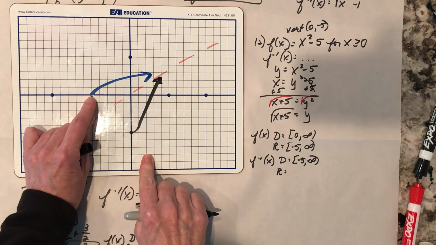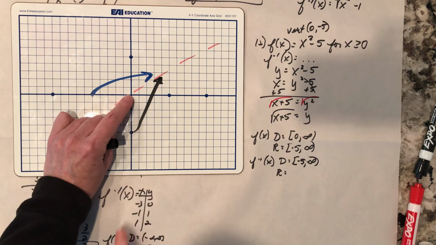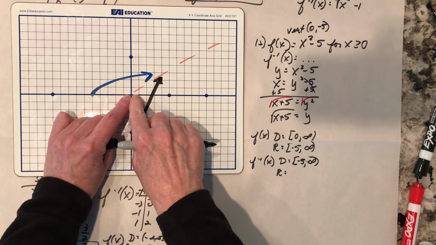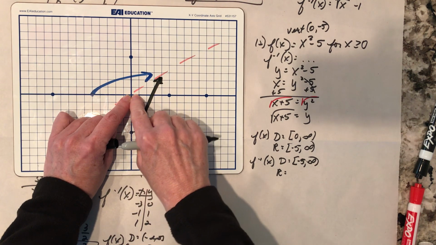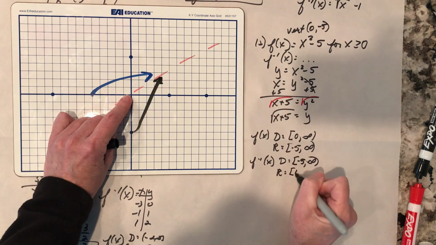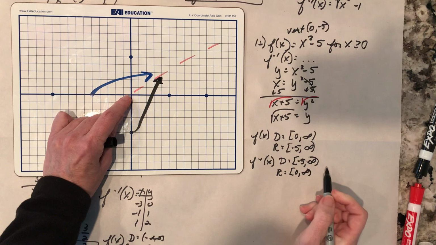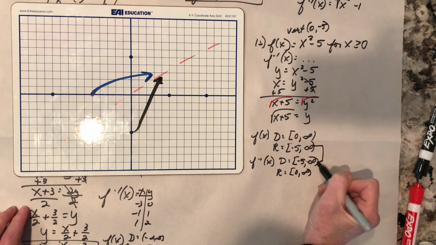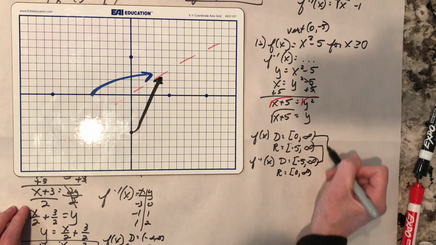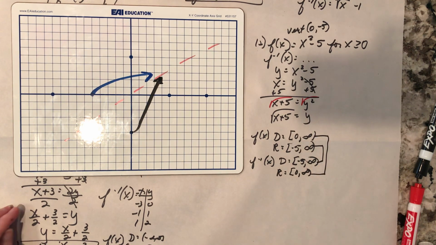So this lowest point matches right to there. Nothing used up with the blue, nothing, nothing, nothing. Here's where we start on the blue range. Goes from 0, and this will continue moving up to infinity. So 0 to infinity. And sure enough, the range and the domain, one of the inverse, one of the regular, match. The domain of the function and the range of the inverse match. So that's exactly as promised.